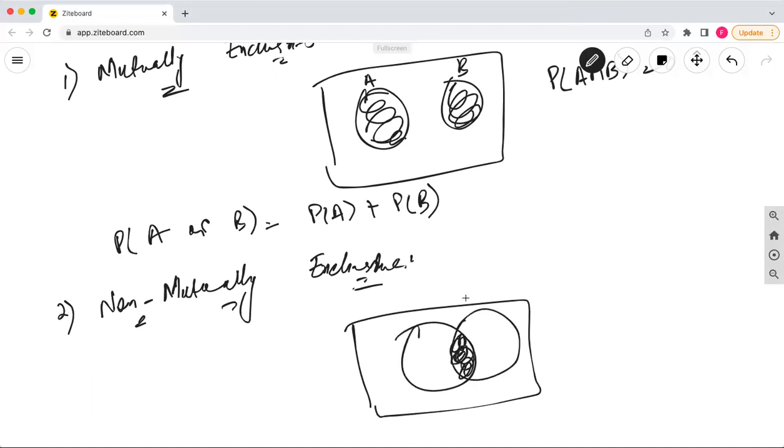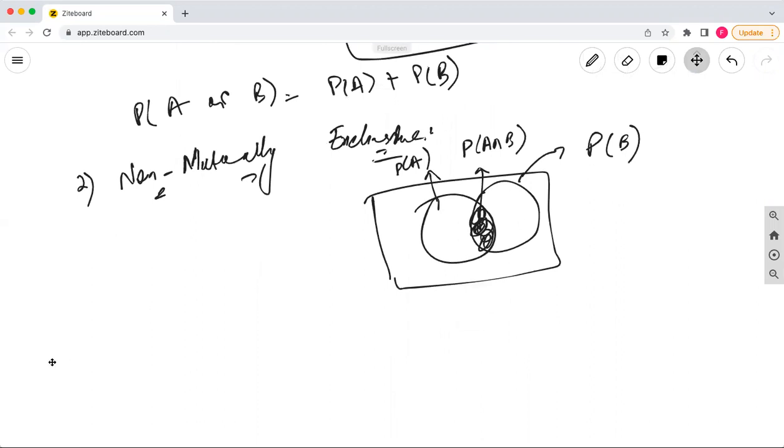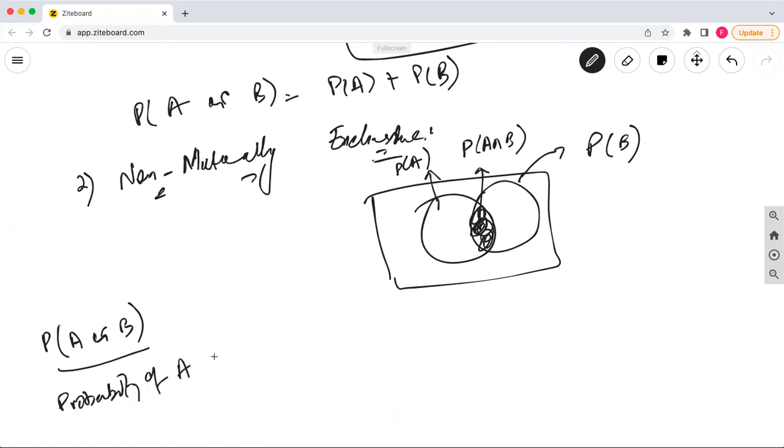Let's call this the probability of A and B. This is the probability of A, and overall this is the probability of B. One more thing, you must have seen these terms, the probability of A or B, and if I write inside, or both.